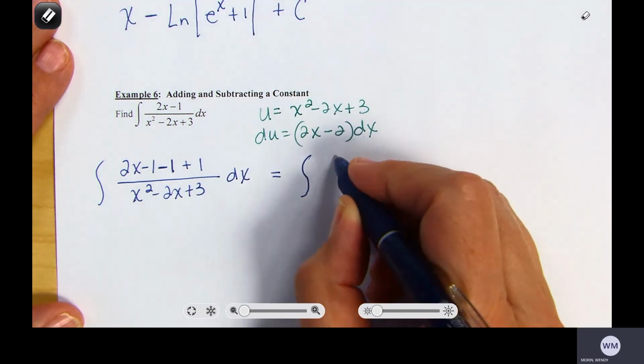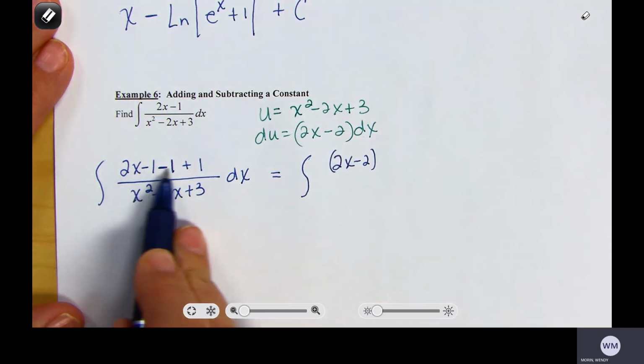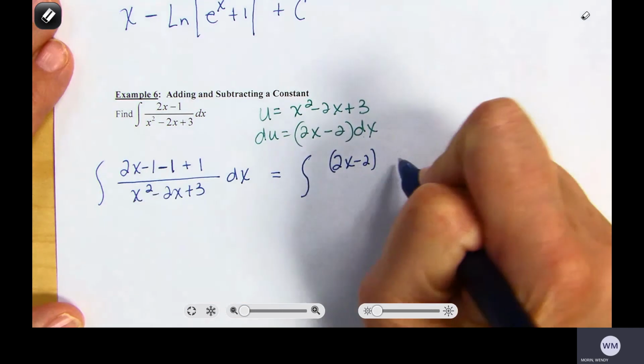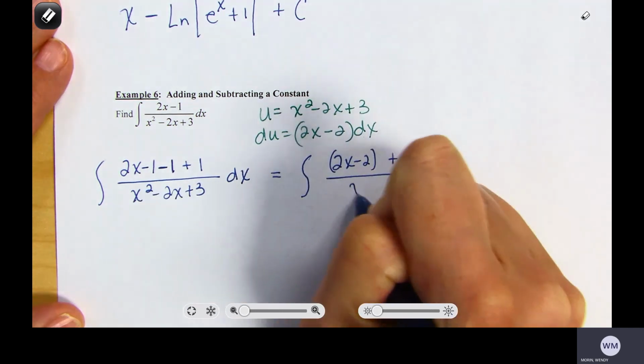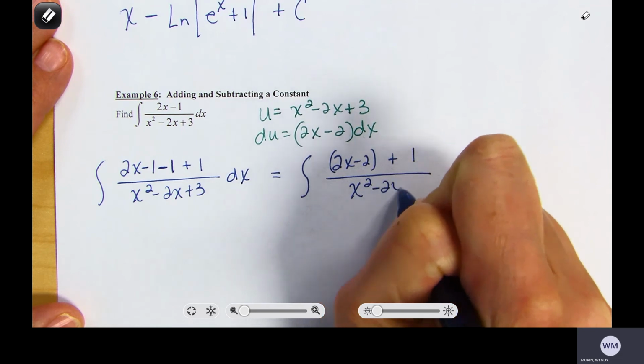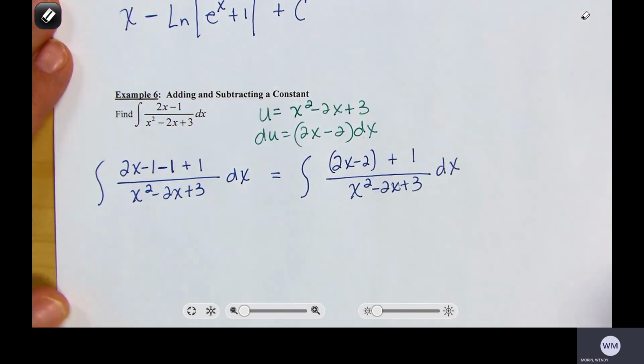Because then I can treat this right here, the 2x minus 2, as my first term, and I can split it up like I did previously.